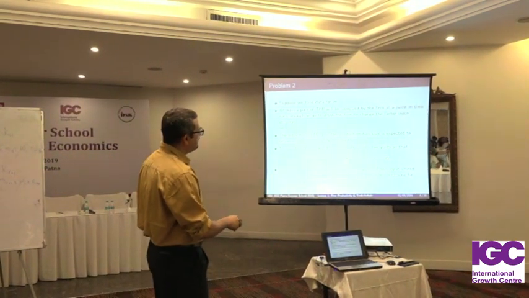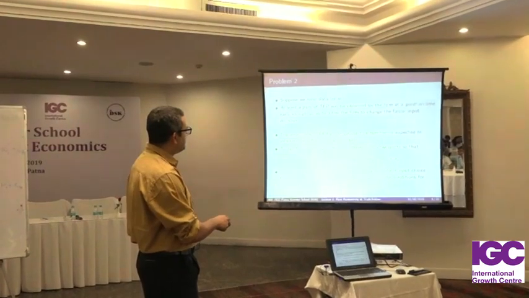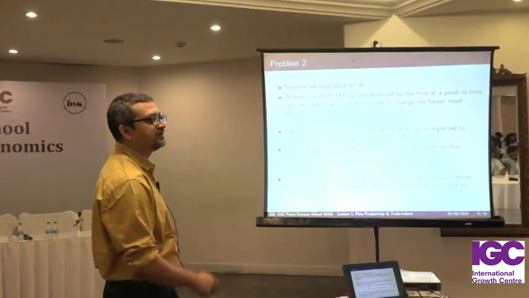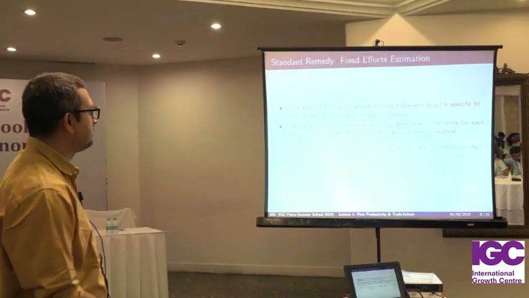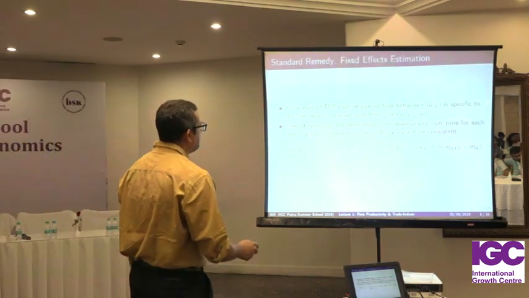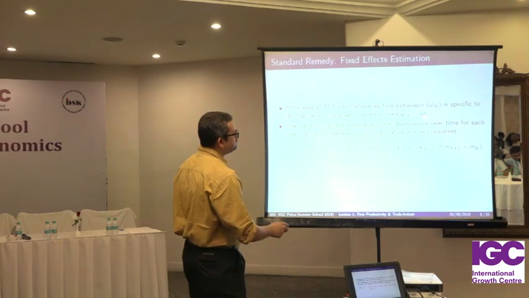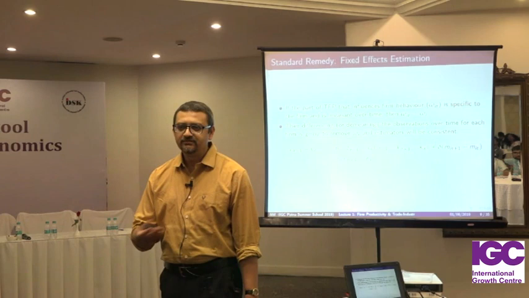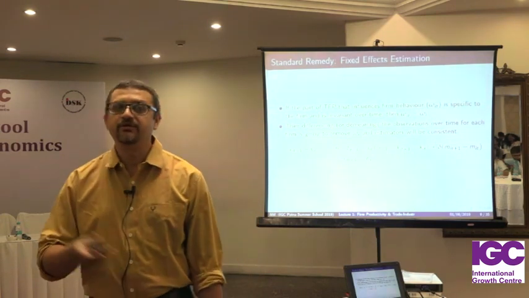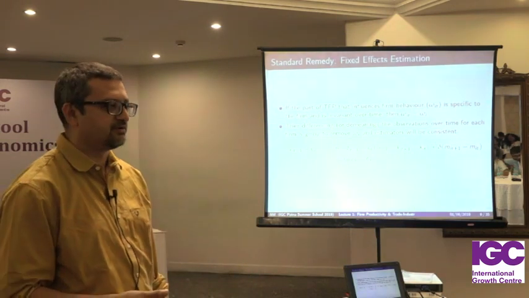So, what I am left with is some average productivity for the firm. Okay. Everyone clear? So, if I am able to get beta, gamma, delta, then I subtract out from log of y, I will just get omega I, and that is what I am interested in. I am interested in log of a, which is omega I. But my problem was that I could not observe this, and it was specific to a firm. Now, by just looking at the firm over time, I am able to eliminate this particular factor.